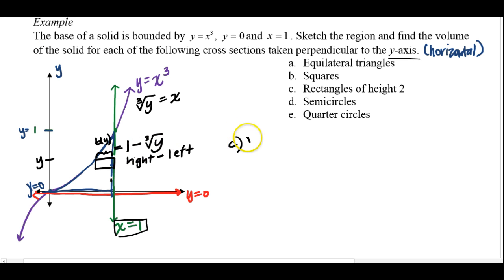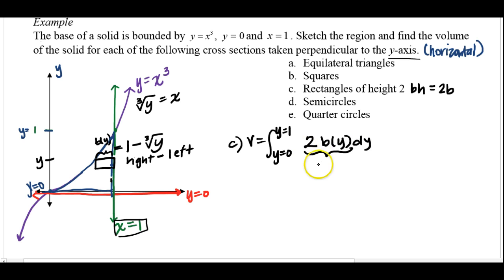So filling in our formula, we have volume extends from y equals 0 to y equals 1. And a rectangle of height 2, well, this formula is base times height, but if the height is always 2, this formula is 2 times the base. So we're going to have 2 times b of y. That's what we're going to need to fill in, dy.